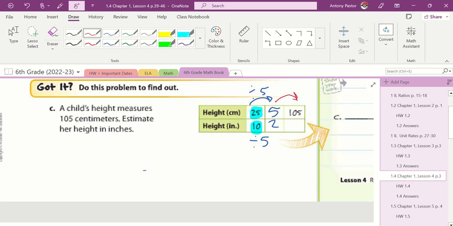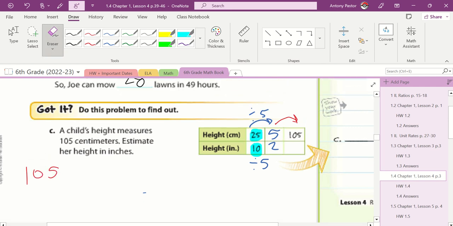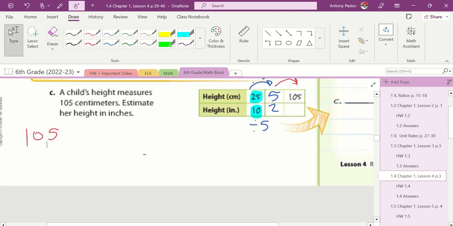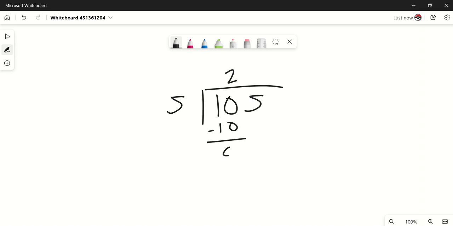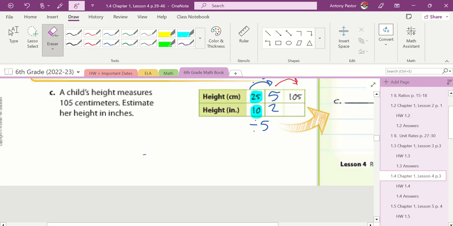If you don't know your 5s, 105, I'm not going to do it here because this pen does not like this, as you can tell by me trying to erase. So let's use our digital whiteboard. 5 will go into 105, 2 times into 10, 0, bring down my 5, goes in 1 time into 5, so it will go in 21 times.